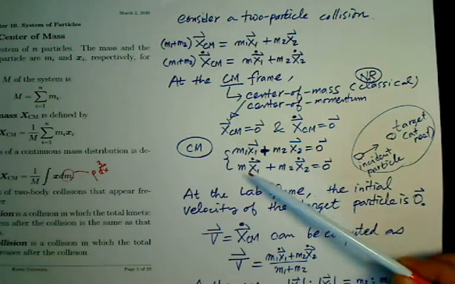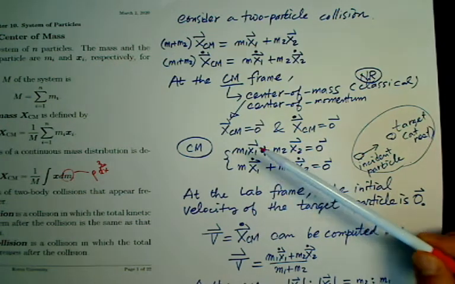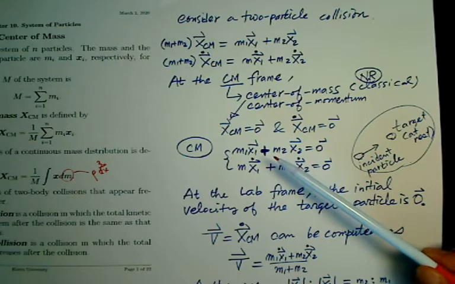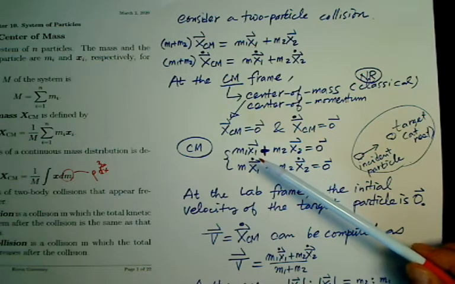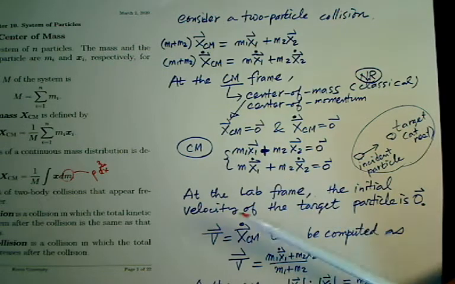From this, we notice that the distance from the center of mass to a particle is proportional to the reciprocal of the mass.